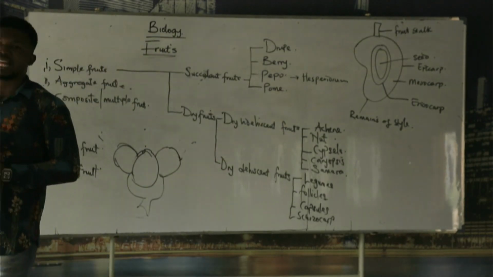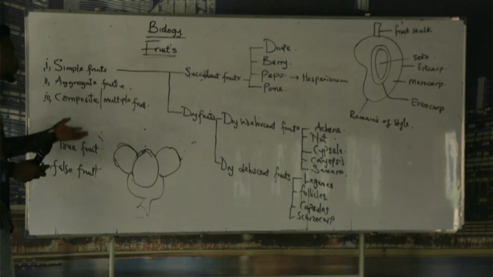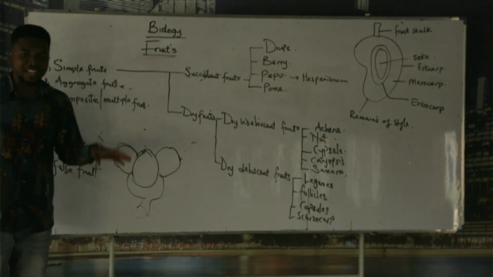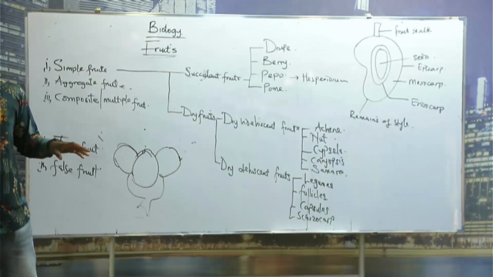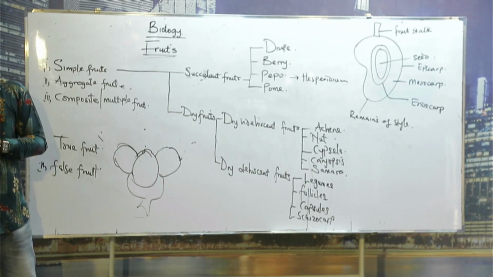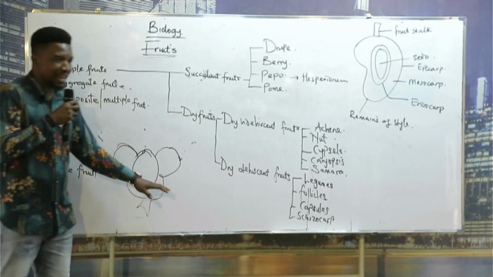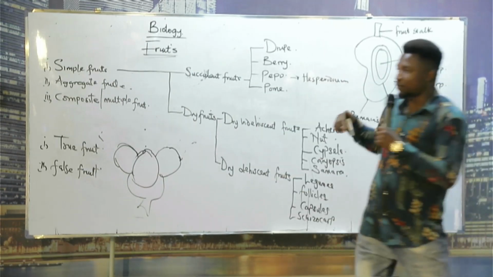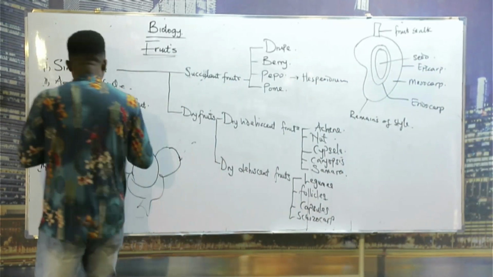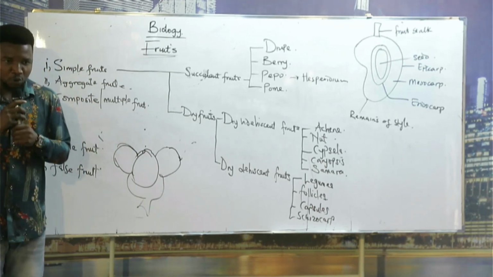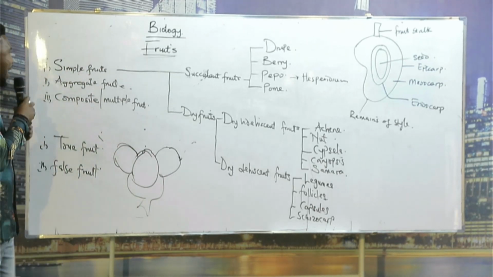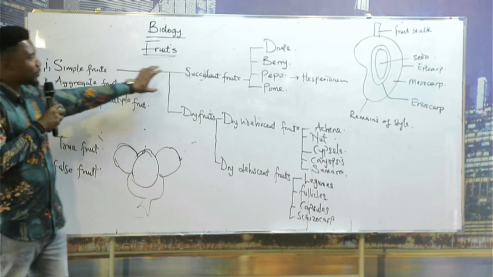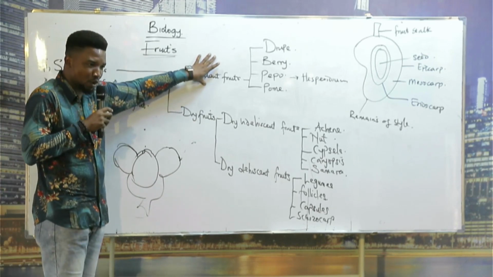Multiple fruit is a type of fruit that is formed from an inflorescence, or most times is formed from other parts of a flower. That is what we call the composite or multiple fruits.